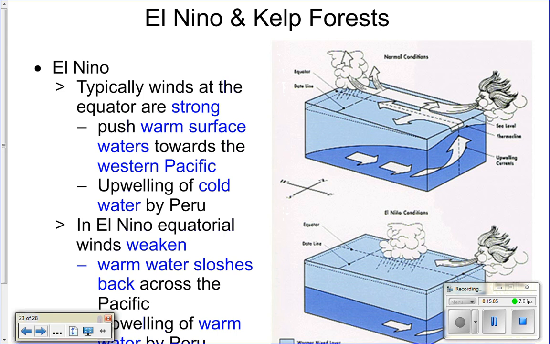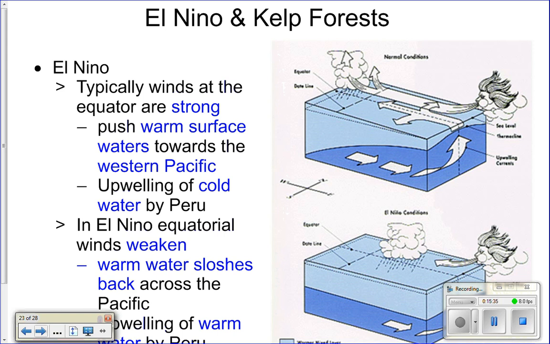Normally these trade winds are blowing the water that's over by us, or by Chile and Peru and South America. They take all of that warm surface water and blow it over towards the other side of the Pacific, towards Indonesia and Australia. So normally that's what's happening. The wind is blowing all of that surface water over.